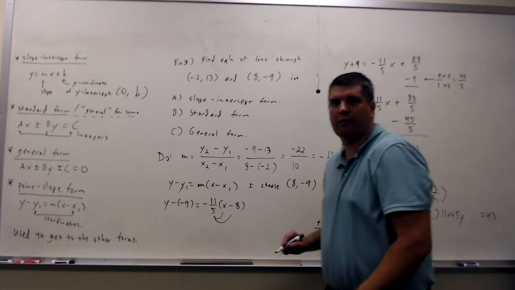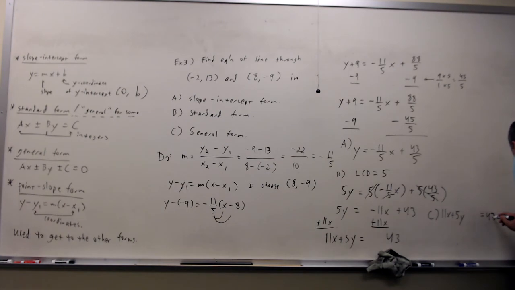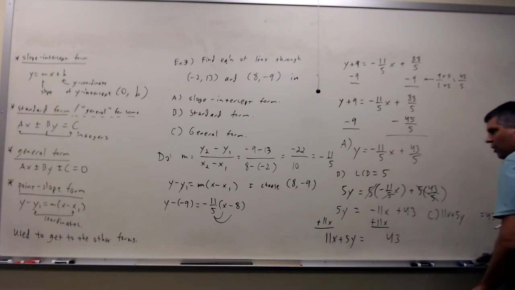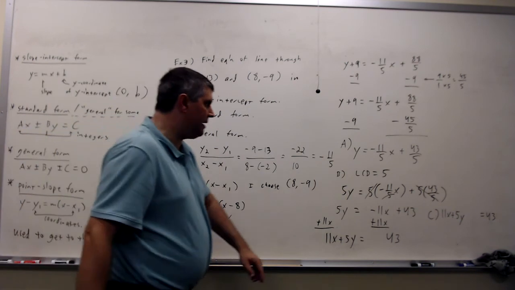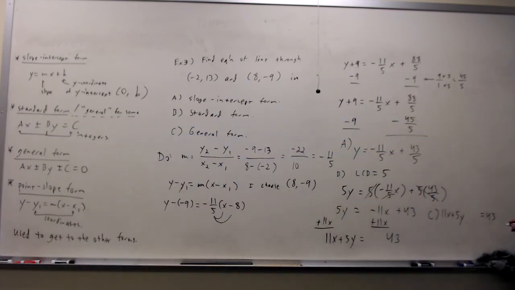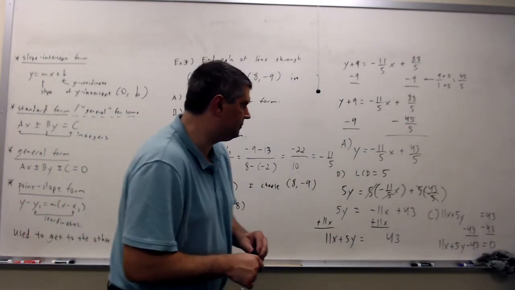Now remember, the goal for what's normally considered general form involves 3 terms and a 0. So I went ahead and left an empty space here after the variables. I will subtract the 43, and I have 11x plus 5y minus 43 equals 0.